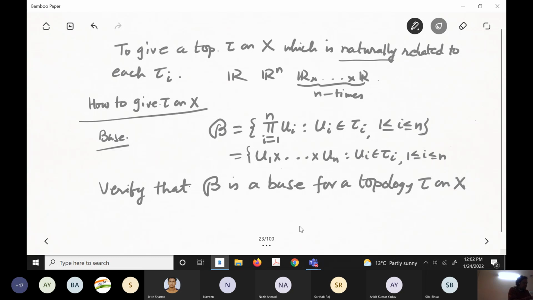I already gave that. I think Sarthak's note I put there, on when a collection will be a base. So we check that.